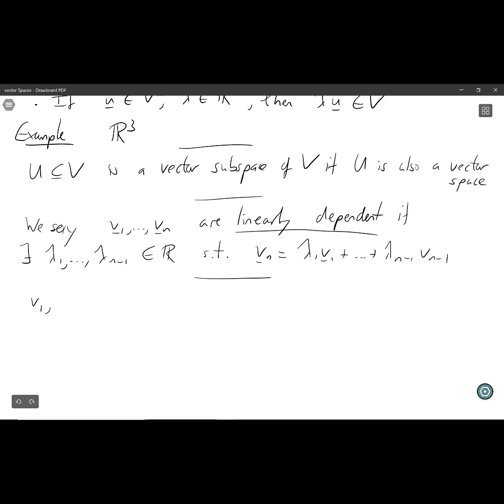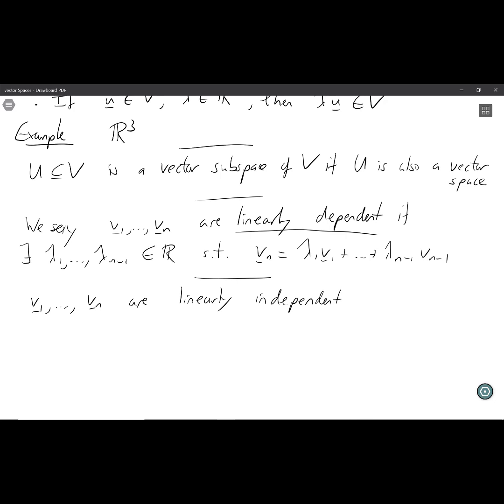We say V1 up to Vn are linearly independent if we can't do this. If there is no set of scalars which allow us to write one of the vectors in terms of the others.